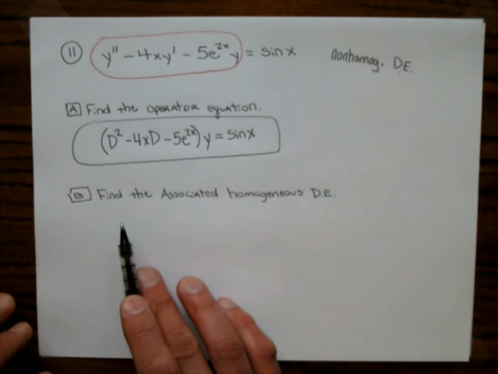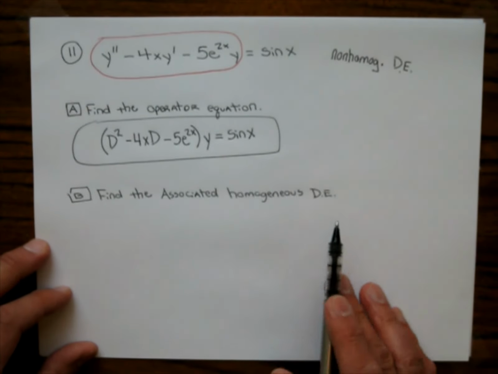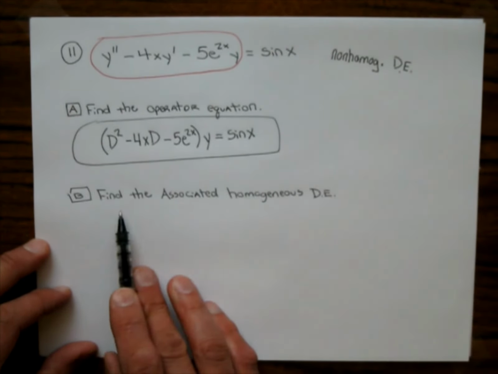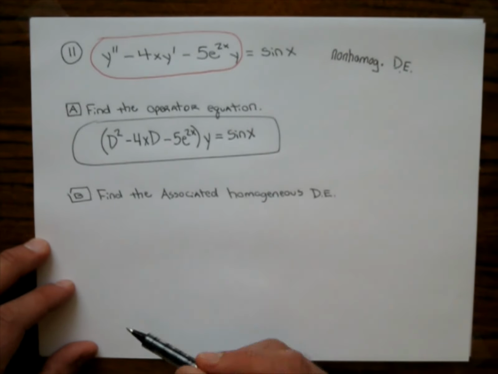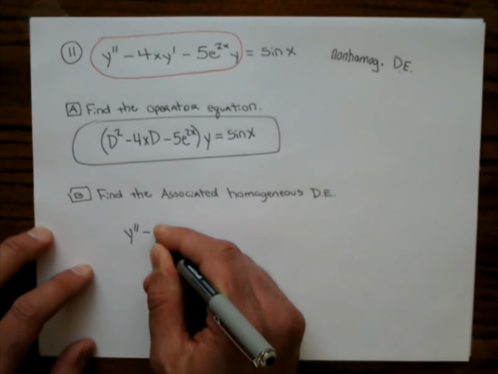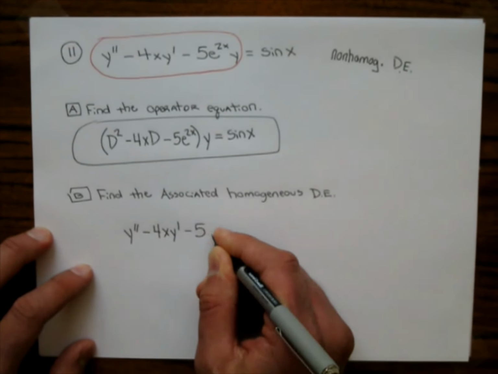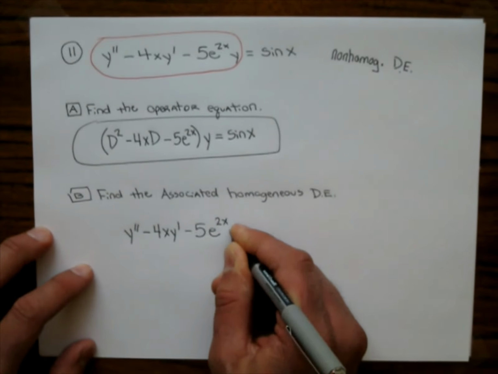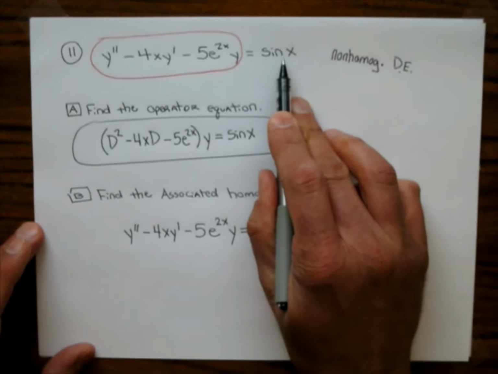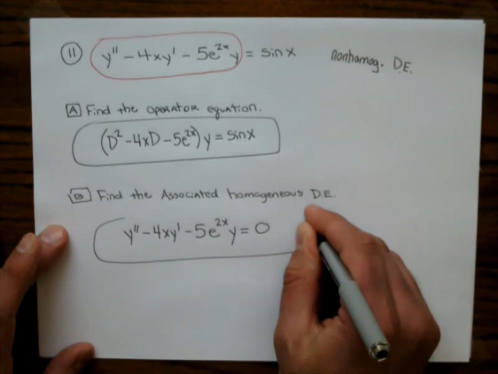The last one says, find the associated homogeneous differential equation. This is kind of dumb, but if you were going to solve this, maybe the first thing you would do would be to write this down. It's pretty simple to do: y double prime minus 4x y prime minus 5e to the 2x y equals 0, replacing that sine x with the 0.